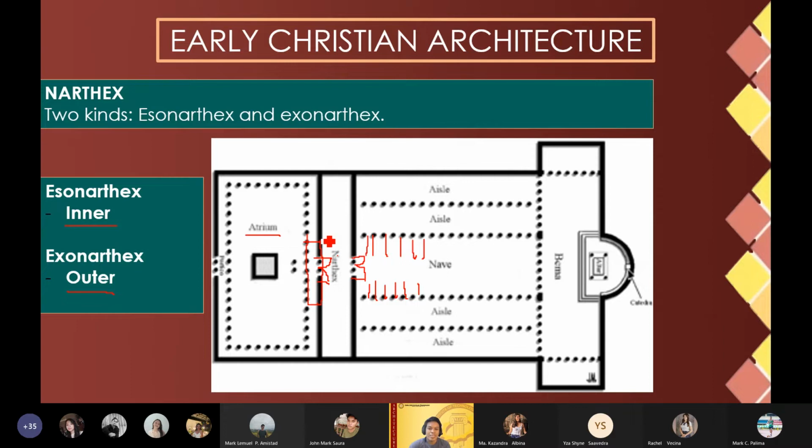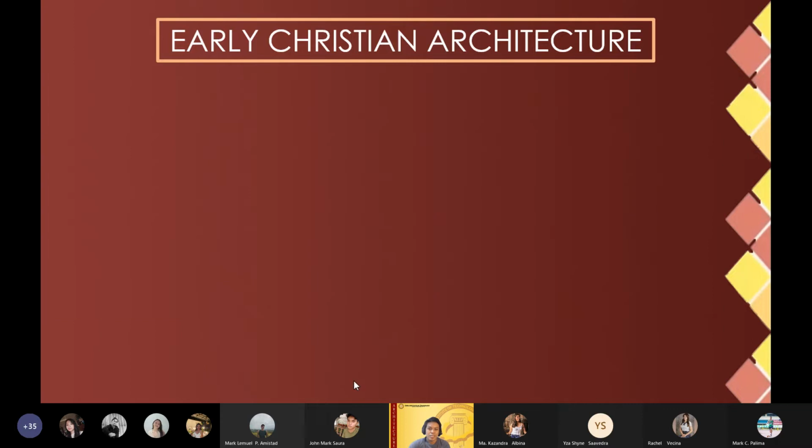Okay, so again, atong nailhan nga mga terms, we have the nave, the aisle. Some churches have double aisles. And we have the narthex. There are two kinds of narthex, iso and the exo. Iso is inner, exo is outer.